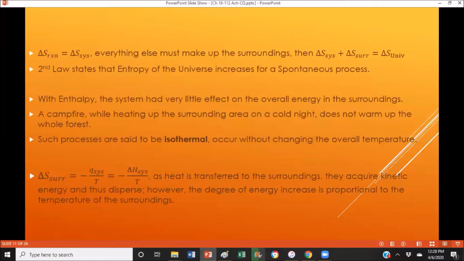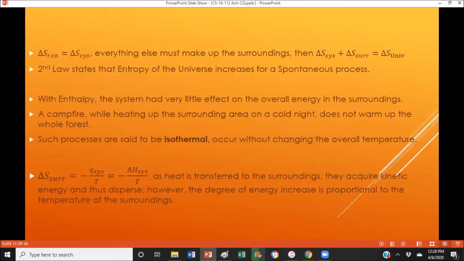Now, when we dealt with enthalpy, the enthalpy of the system typically had a very little effect on the overall enthalpy of the surroundings, because when we're trying to heat up the surroundings, it's a much smaller effect. If I light a campfire in the forest, as long as it doesn't result in a whole forest fire, it's going to heat up the surrounding area on the cold night, but it's not going to warm up the whole forest.